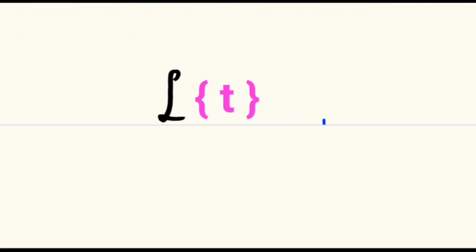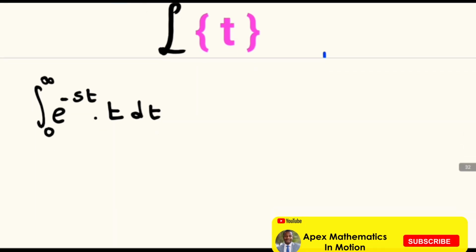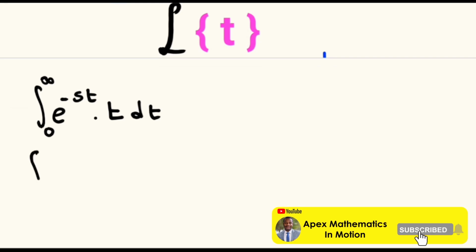For our last question, we don't have to introduce the first principle, so we have the integral of e raised to the power -st multiplied by our f of t. In this case, we have t as our f of t, and we are integrating with respect to t from 0 to infinity. So as we can see, we have to use integration by parts to evaluate this.